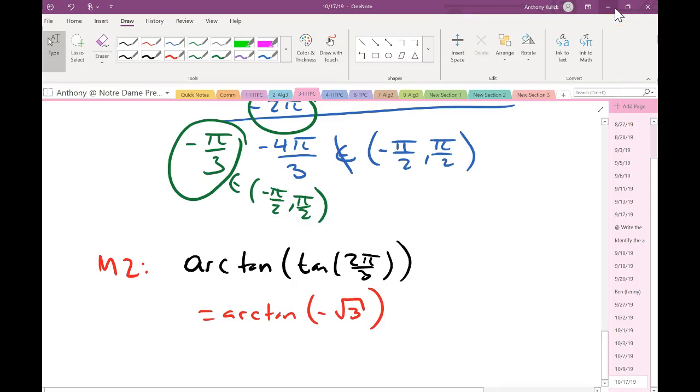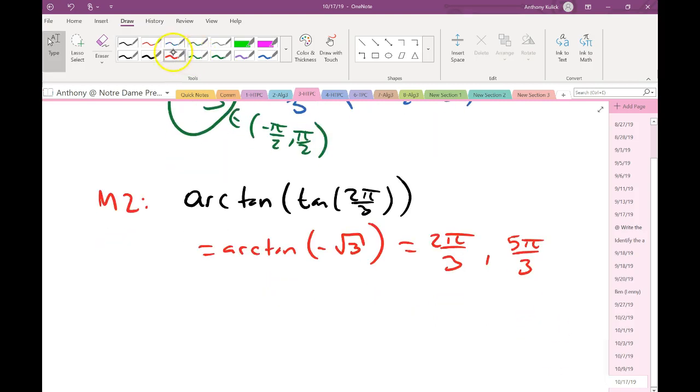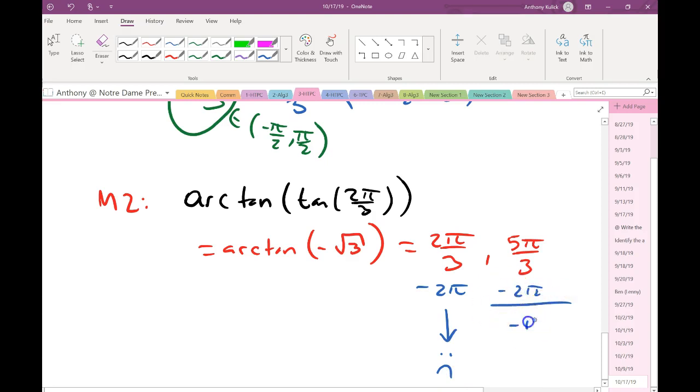So I have 2 pi over 3 and 5 pi over 3. If I try to subtract 2 pi from this one, we know what happens. But if I subtract 2 pi from this one, we get what we're looking for, something inside of our range.